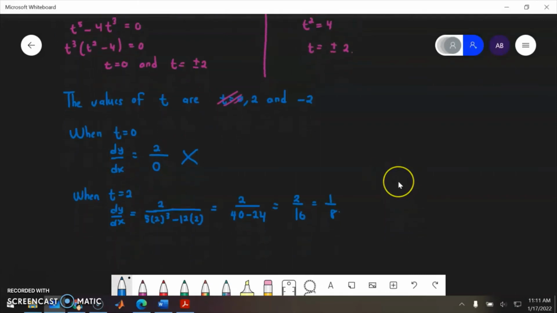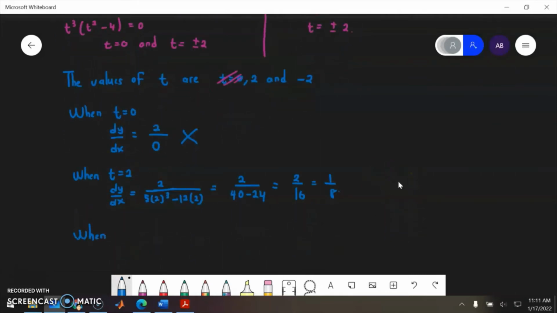Okay, that's good. Now when t equals minus 2, I have dy/dx equals 2 over 5 times minus 2 to the power 3 minus 12 times minus 2.